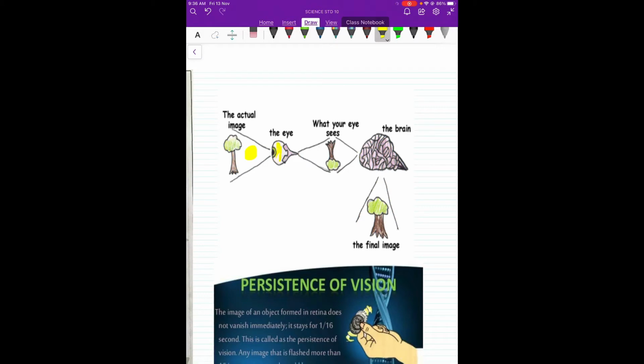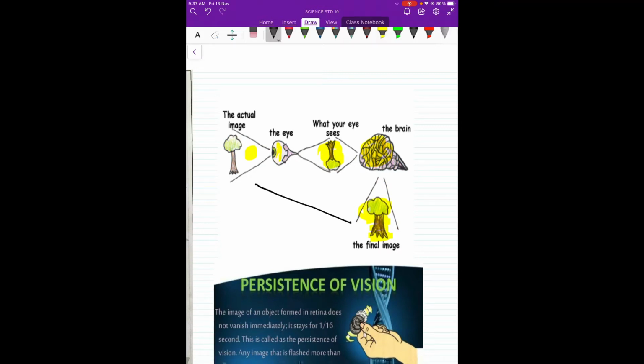Now as we have already seen, the image is formed on the retina, real and inverted. This real and inverted image is sent as such in the form of electrochemical signals through the optic nerves to the visual area of the brain. The brain does the natural required processing, and what we see actually is the upright image.